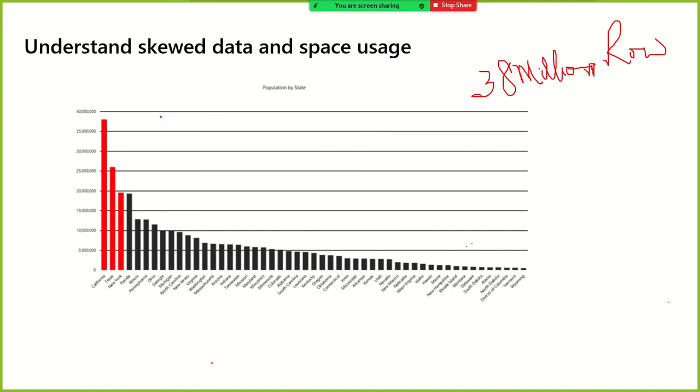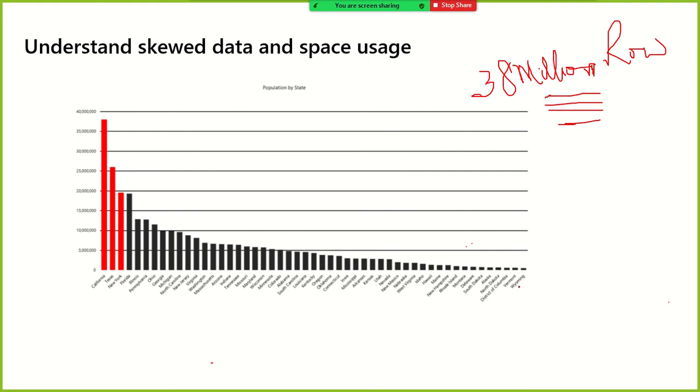Now, if you have 38 million people in California, it means the records of the people who live in California will have the population record. We have at least 38 million records.